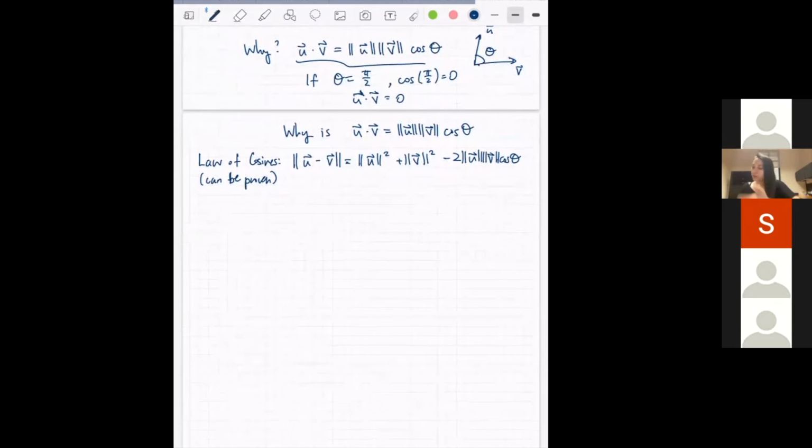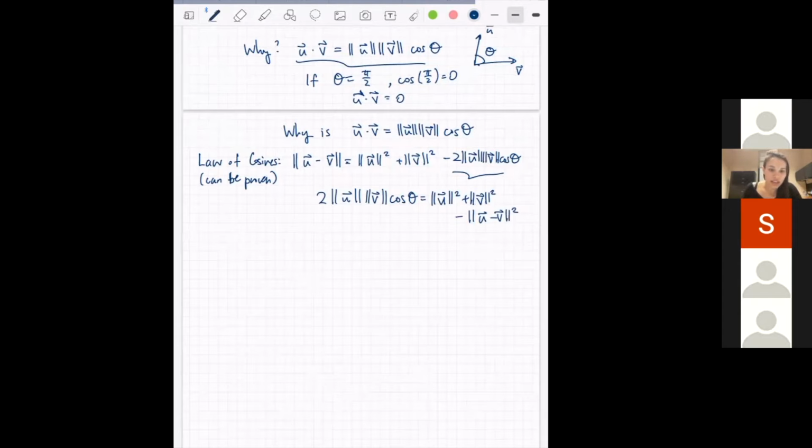Okay, so assuming that this is true, we can see that we've got what we want on this side. So let's do some manipulation. If I pull it over to the left-hand side, it'll be positive. We get norm of u times norm of v times cosine theta equals one half of norm of u squared plus norm of v squared minus norm of u minus v squared.